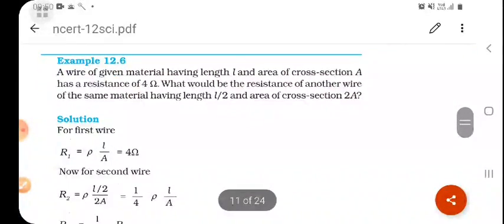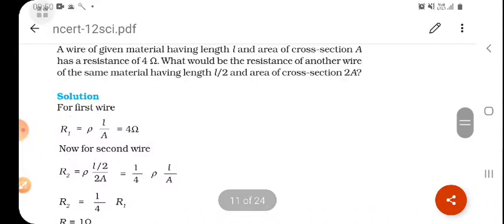And a wire having given length L and area of cross section A has a resistance of 4 ohm. What would be the resistance of another wire of the same material having length L by 2 and area of cross section 2A? So whenever you put the values of length and area of cross section, we can calculate the ratio of the resistance for the first and the second wire, R1 and R2.